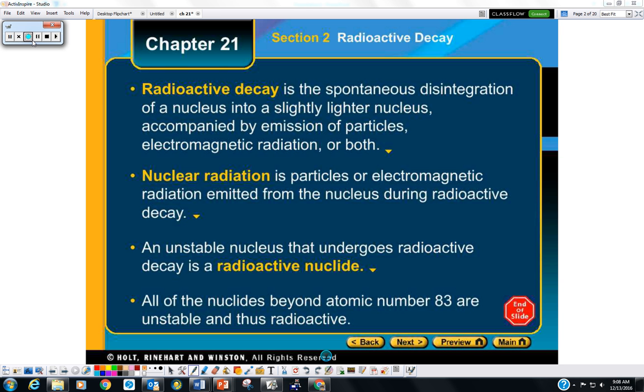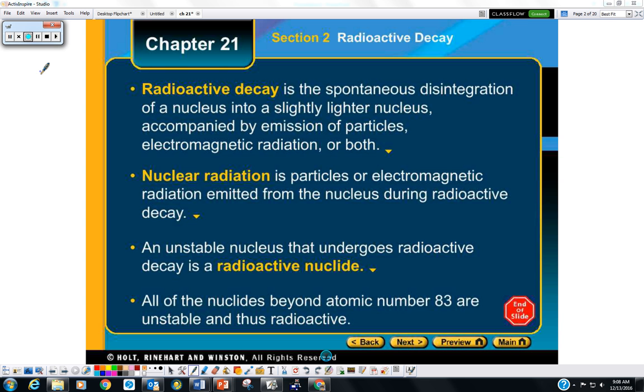Contrary to what Hollywood and movies and TV would like you to believe, exposure to radiation does not turn you into a superhero. More than likely, it's going to cause you to develop cancer, develop other mutations that are problematic for our body.